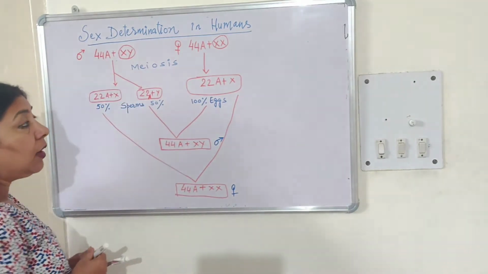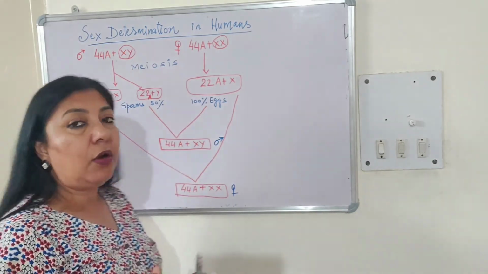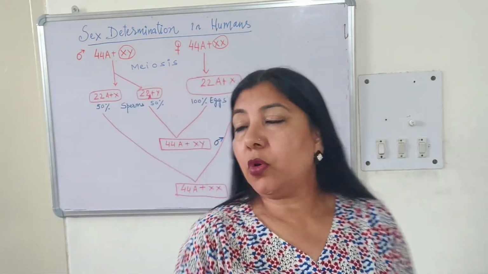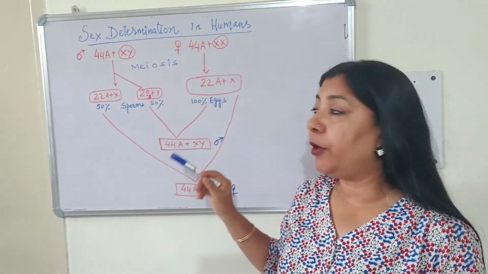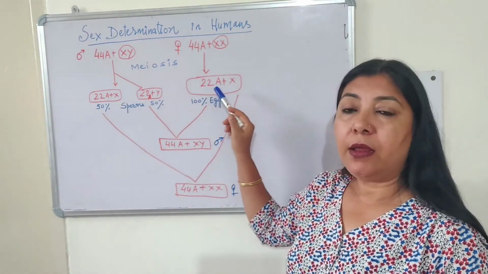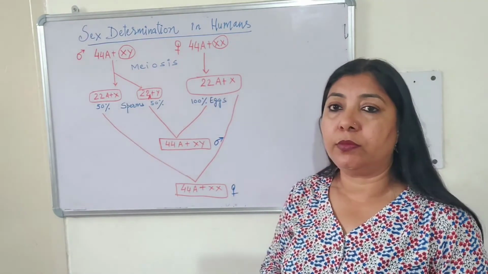But in case of female, they are showing homogamety. So all 100% gametes, that is X, which are produced will be similar, having 22 autosomes plus X chromosome.